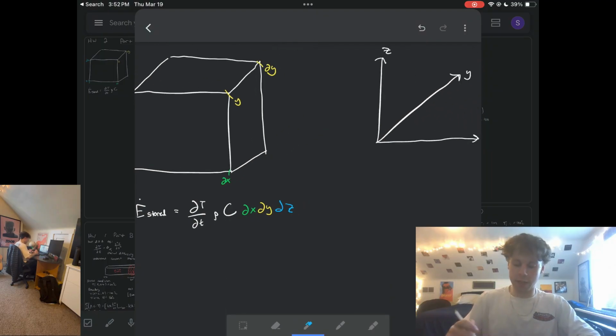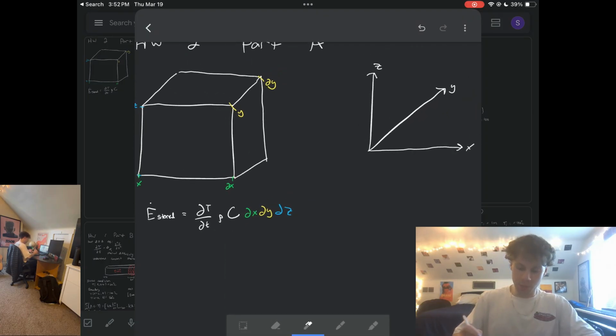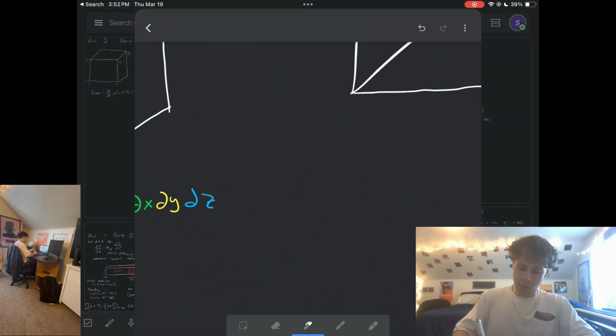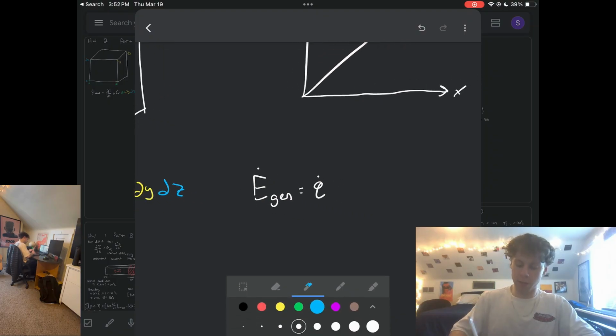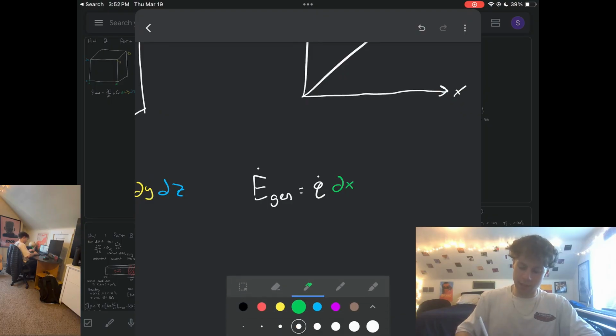Now the cube also has energy generated, which will be equal to our net heat flow throughout our area. So that would also be dx, dy, dz.